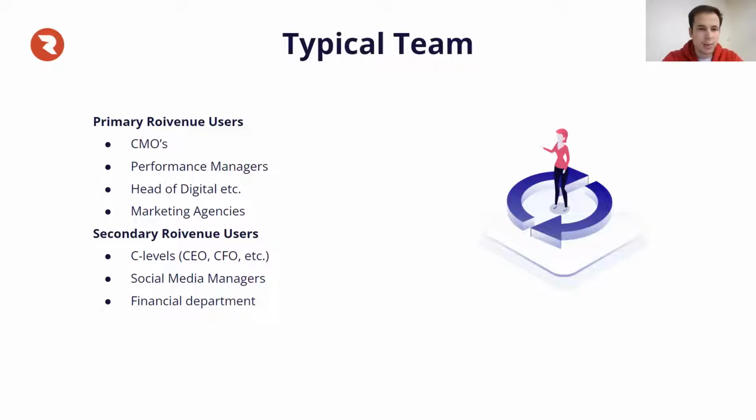And then we also recognize something as secondary Roivenue users. Those would be some C-levels, social media managers, which is part of marketing, but they focus on something else, or some people from the financial department.